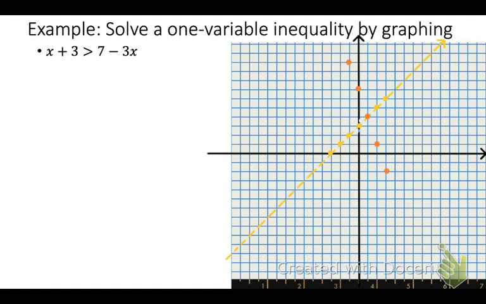Can I go up 3? Yeah. But then I go left 1, right? Yeah. It's a dotted line. Yep.